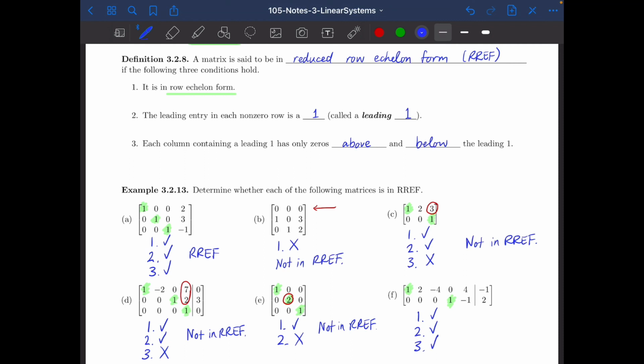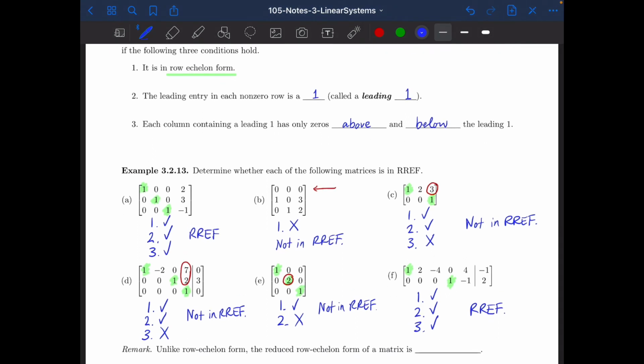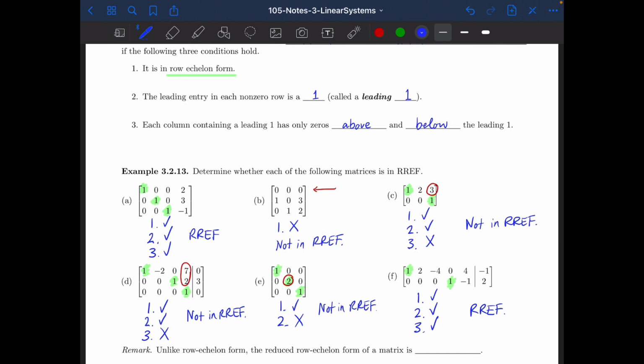And so this matrix in part F, this augmented matrix, is in reduced row echelon form. And finally, unlike row echelon form, the reduced row echelon form of a matrix is unique. There's only one reduced row echelon form of a matrix.